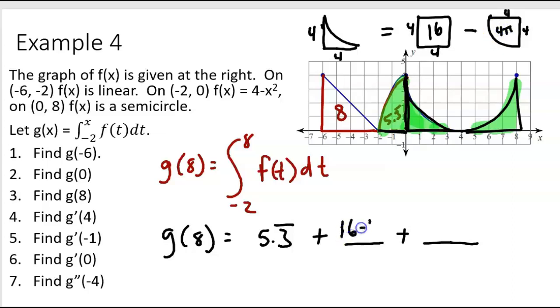So 16 minus 4 pi, and then 16 minus 4 pi. They're both the same. It's just that one's backwards, but it doesn't matter. They're the same kind of shape. So we could add all that together and get a decimal. That might come in handy later. For now, I think I'm just going to leave it. I'll just bring it back if I need it later. So there's the answer to g of 8.